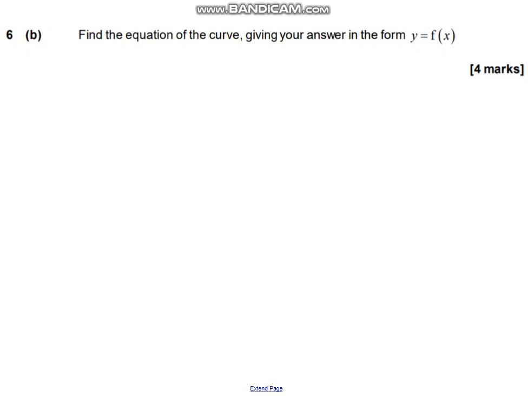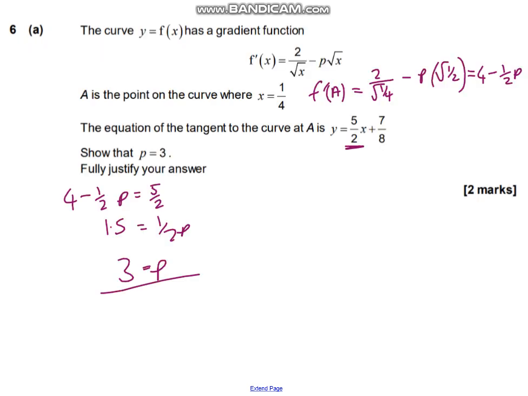Right, so we know our point of intersection. We can find that. So if we look, we had the equation of the tangent is this, and we know that x is equal to a quarter.